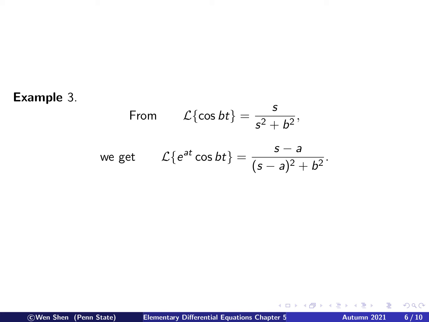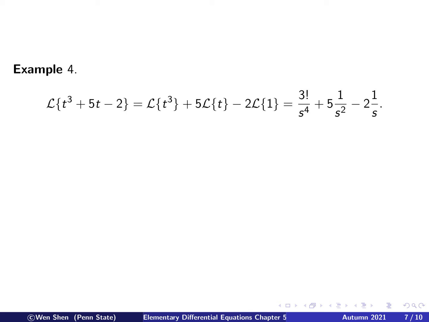So this s becomes s minus a, and this s becomes s minus a. You see how quickly we can get the Laplace transform of these rather complicated looking functions, which, if you wanted to work it out, would take quite some work.